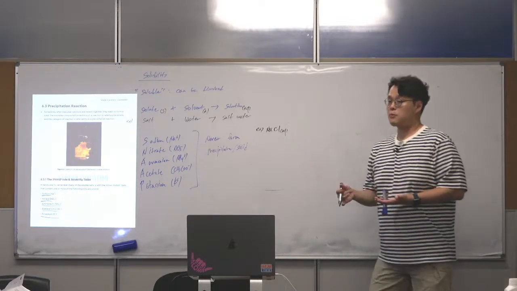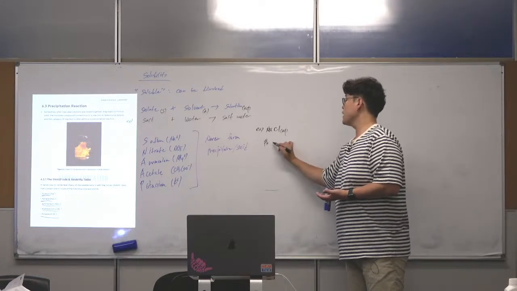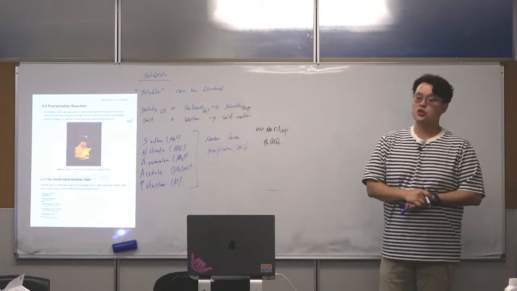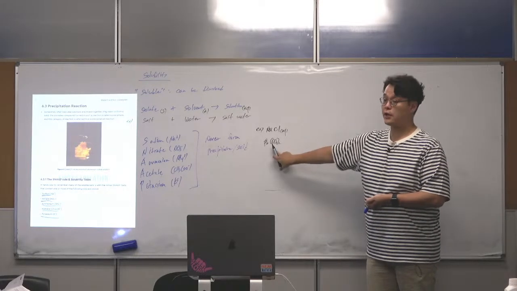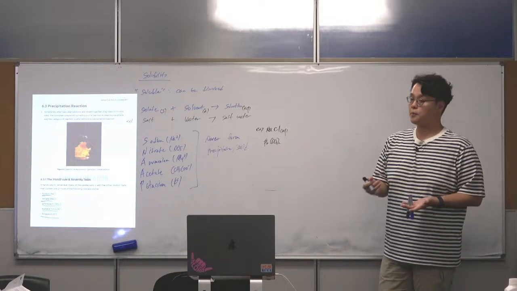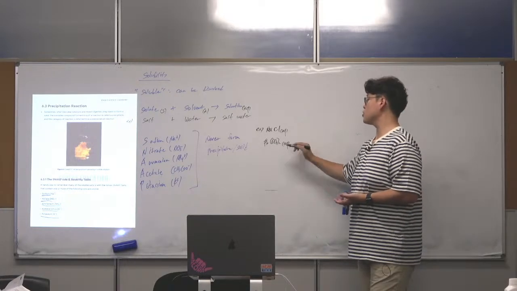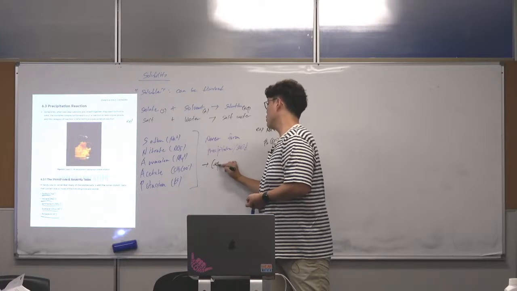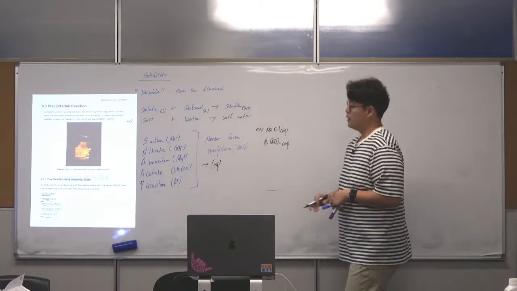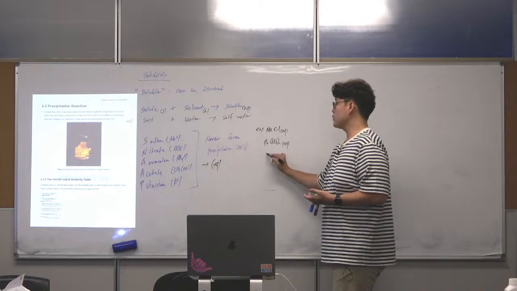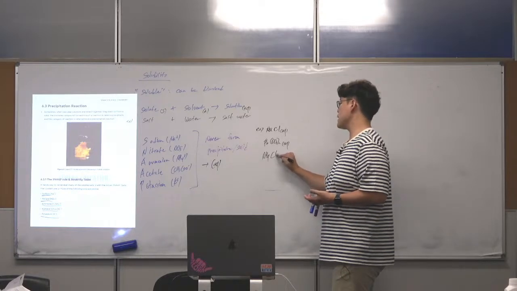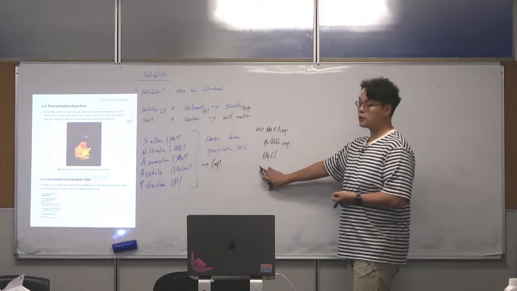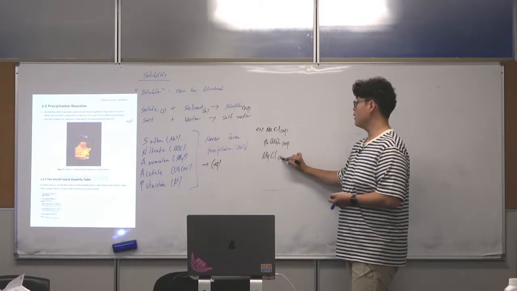Any nitrate, it doesn't matter, like lead nitrate. As soon as you see a nitrate given here, it will not form a precipitate. It will be AQ all the time. Same for ammonium, NH4Cl, ammonium chloride. As soon as there's ammonium there, the state must be AQ as well.